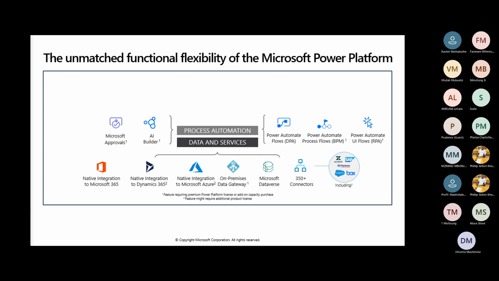And then we also have the process automation of that data. Okay, and then we can have approvals. Microsoft approvals would be when you are applying for leave, and then your project manager approves. That automation would give the project manager some sort of information as well as the approve or deny kind of action.